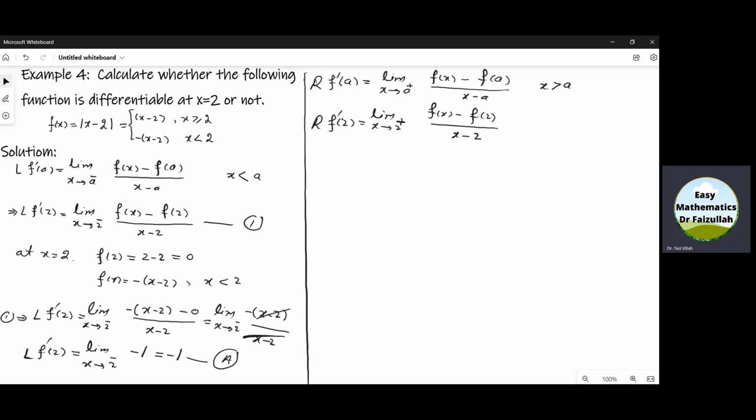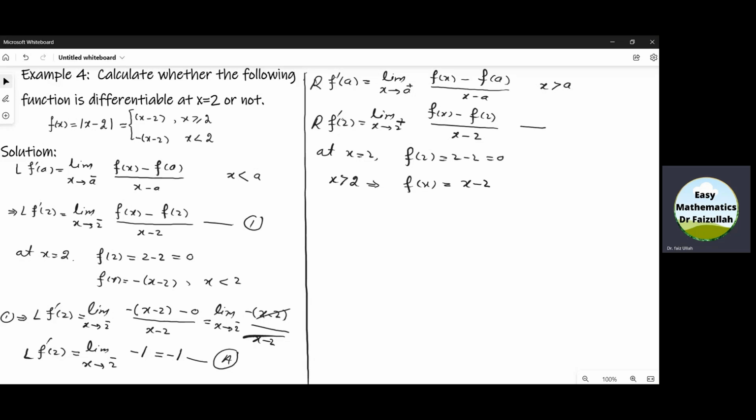Here we can write that at x equal to 2, the value of f of 2 is 2 minus 2, and this is 0. But when x is greater than 2, the value of f of x is given as x minus 2.